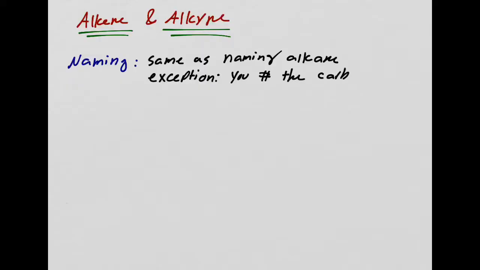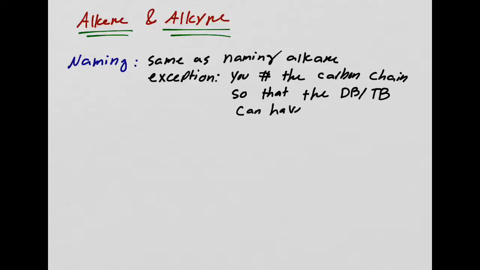Remember before we numbered the carbon chain to give the substituent the lowest number possible? That's not the case anymore, which makes it so much easier. You number the carbon chain so that the double bond or the triple bond can have the lowest number possible. So now it actually got a little bit easier.